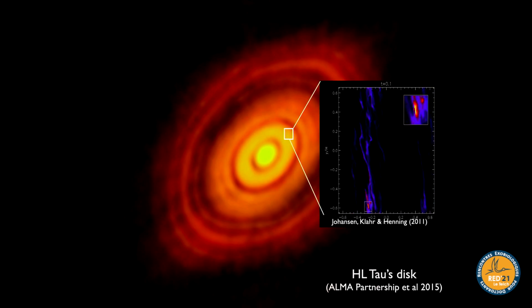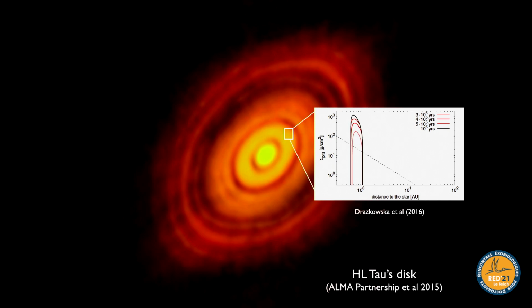And so you can easily imagine, well, in that bright ring where there's a pileup of dust, maybe planetesimals are forming there. And in that other ring where there's a little bit of a deficit of dust, there are no planetesimals there. So maybe that's why that happens. You can see that simulation of the streaming instability forming planetesimals, and this other simulation of a ring of planetesimals forming within a disk model.